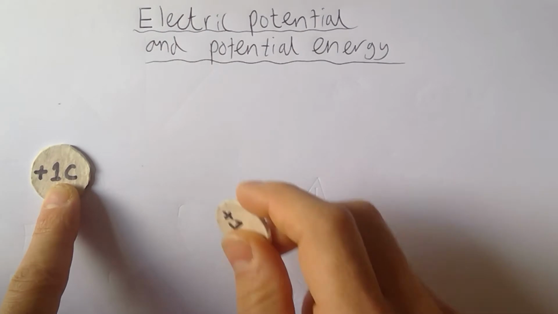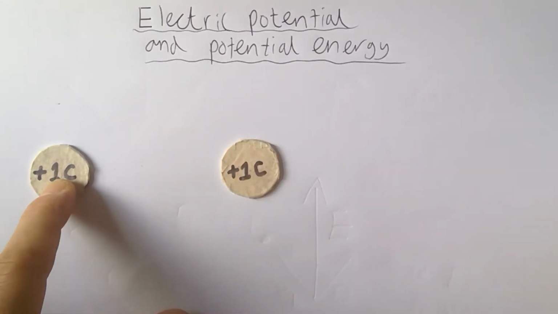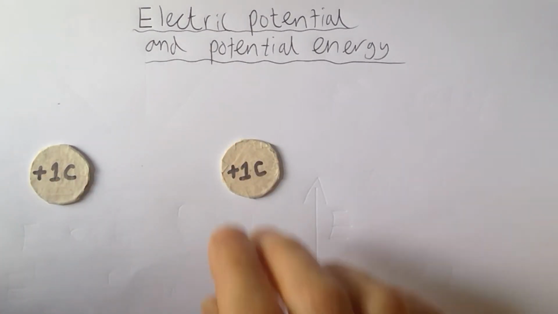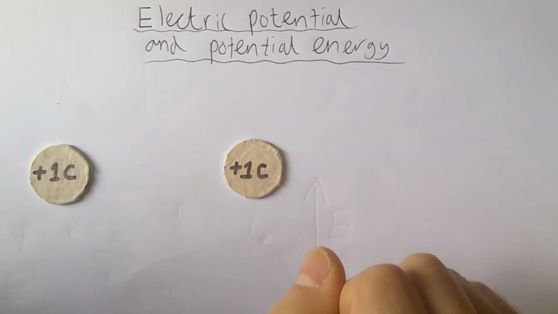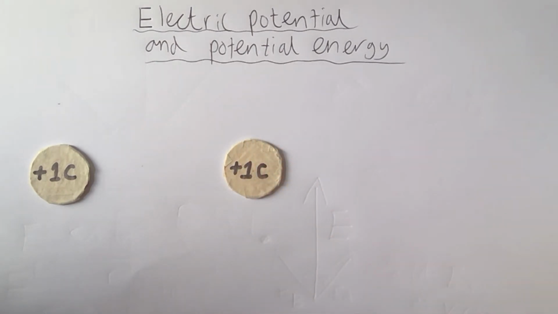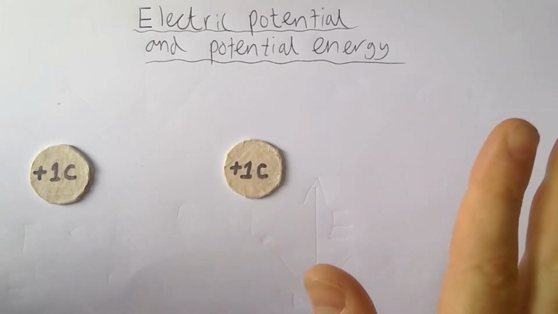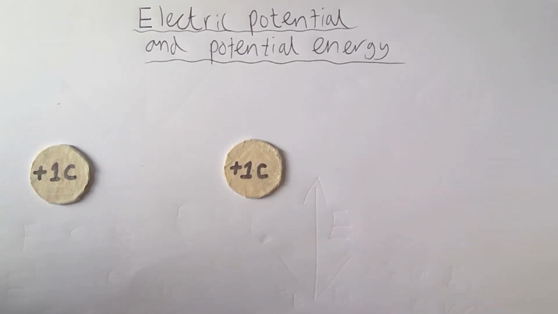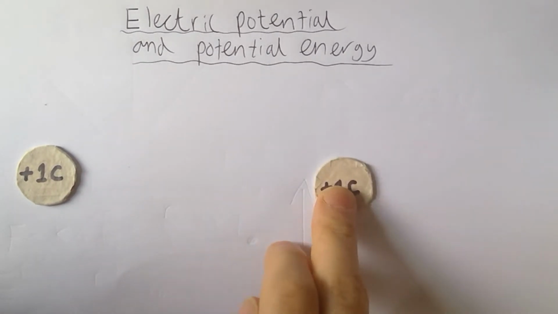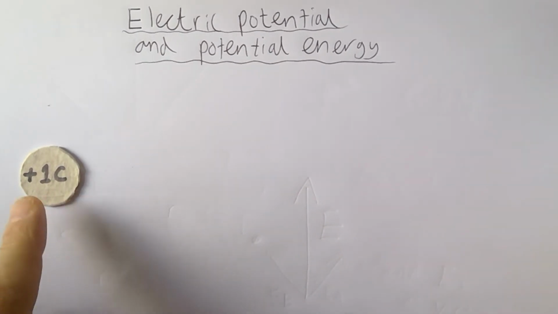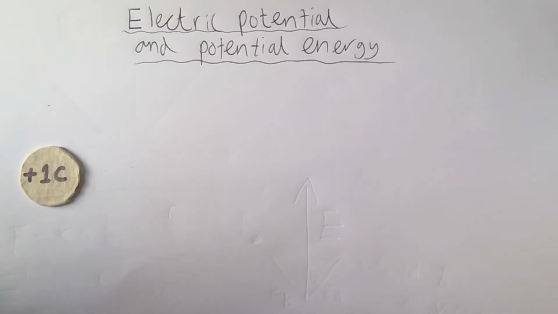Right. We've also seen the equation for the electric force, F equals K Q1 Q2 over R squared. The electric force extends to infinity. So if I was to take this charge away to infinity, off it goes, it's now an infinite distance away from this one, it would no longer be experiencing an electric force.